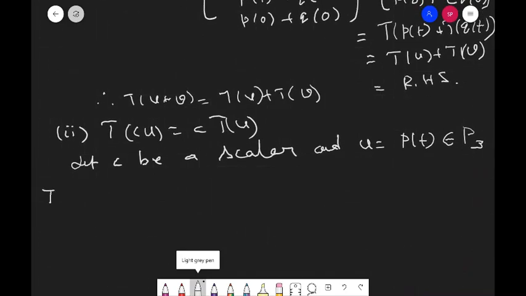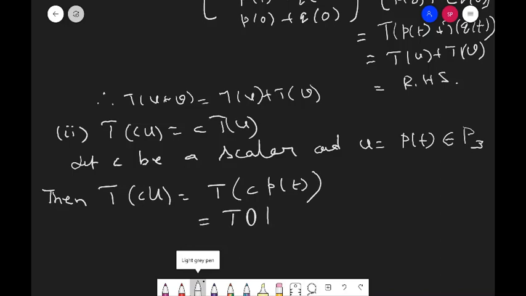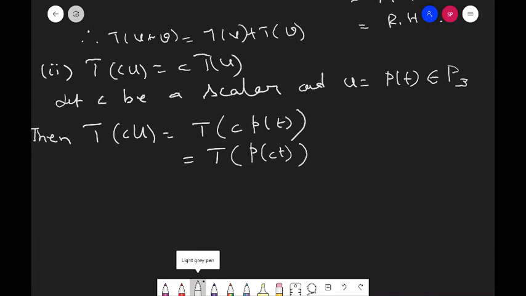Then T of cu is equal to T of c into p of t, and we know we can write this as T of this as p of ct. Any polynomial you can write like this. So which is equal to, by definition, it gives you the matrix.